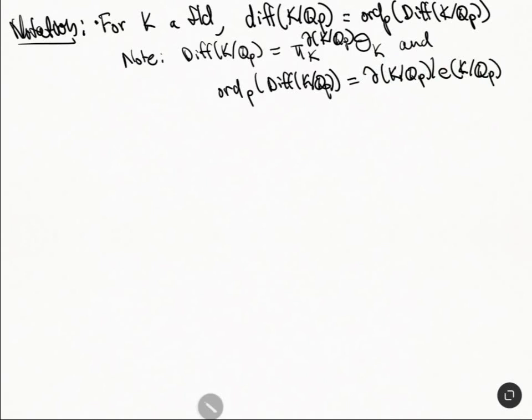There's a relationship between these things: this number isn't exactly the exponent that appears, but it's related to it by division by p. In our case, this number is going to be the vector of differents here.